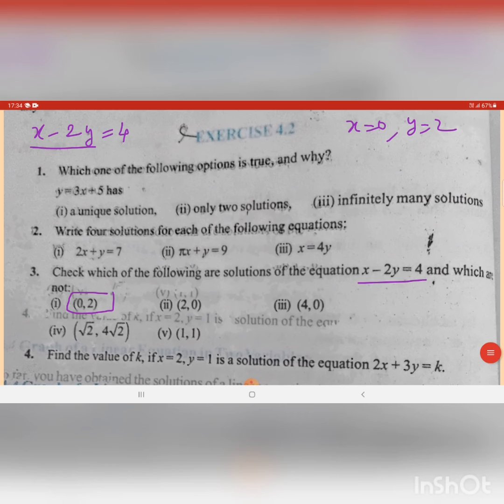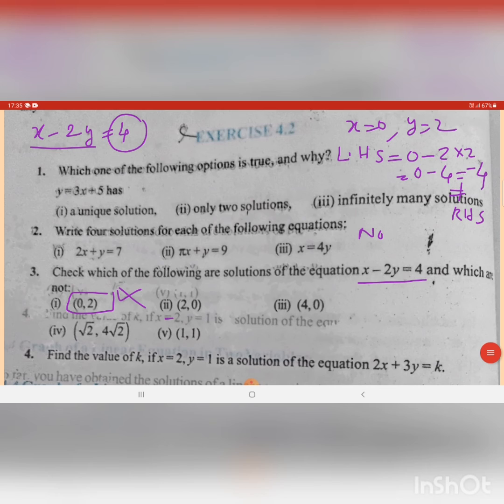So the left side can be written as LHS equal to x, that is 0, minus 2 into y, that is 2. That is 0 minus 4 equal to negative 4. Is it the same as 4? No. So not equal to RHS. Hence it is not a solution. So (0, 2) is not a solution.